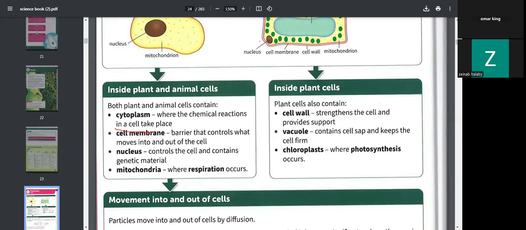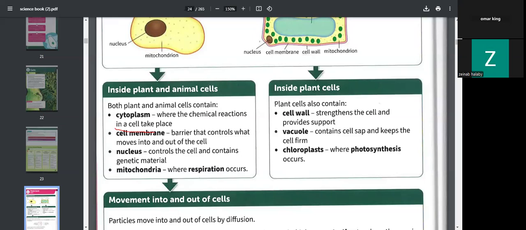What about the three structures which are present in the plant cell and not found in the animal cell? First one is the cell wall, which strengthens the cell and provides support. Number two, the vacuole, which is the sap vacuole. A large vacuole contains cell sap and keeps the cell firm.